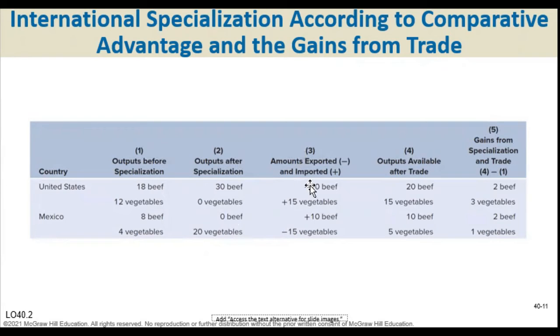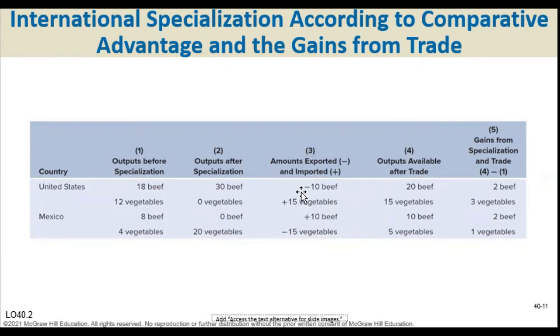So column 3 shows you the amount exported, right? They produce the excess to export it and import it, with exported being the minus. So you can see that the United States, producing excess beef, has 10 tons that they exported, and 15 tons of vegetable that they imported. And Mexico will import 10 tons of beef and export 15.